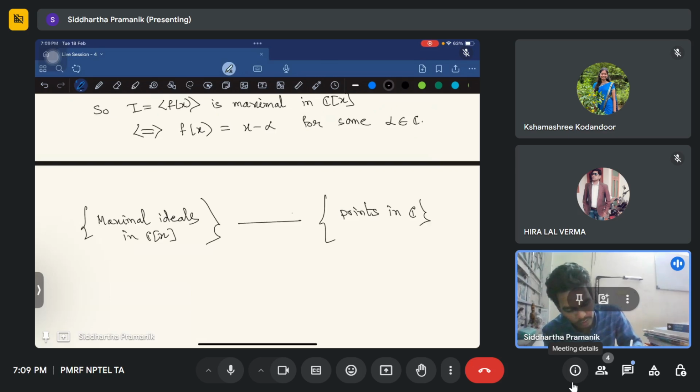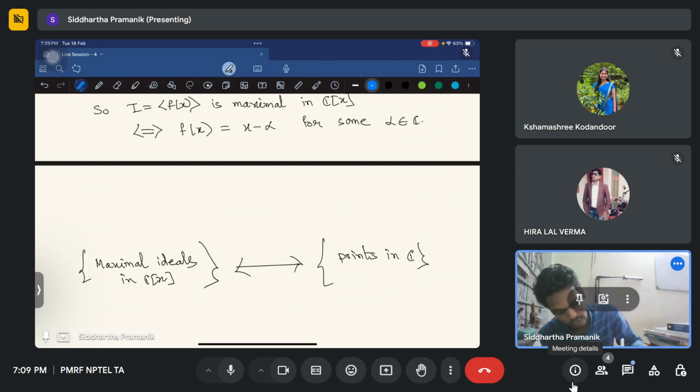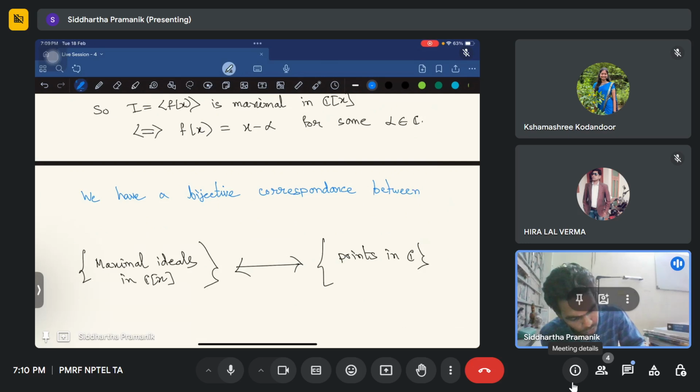So these two sets are in one-to-one correspondence. So yes, I'm saying we have a bijective correspondence between the following two sets.